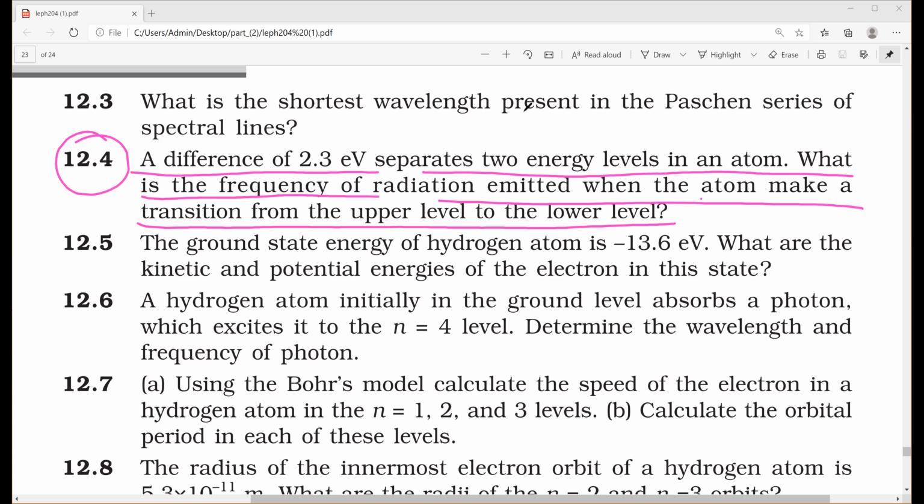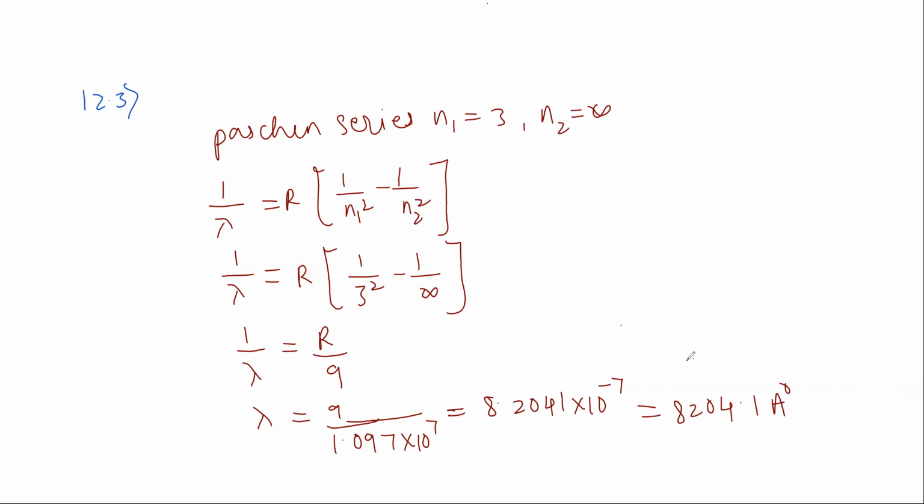So what they have given is E is equal to 2.3 electron volt. We know the formula E is equal to h nu.